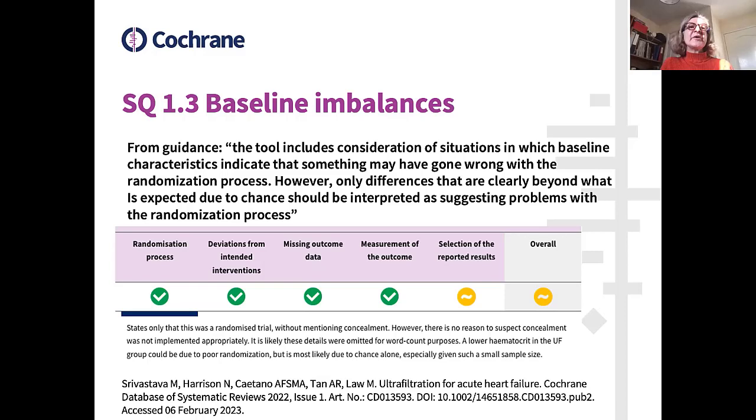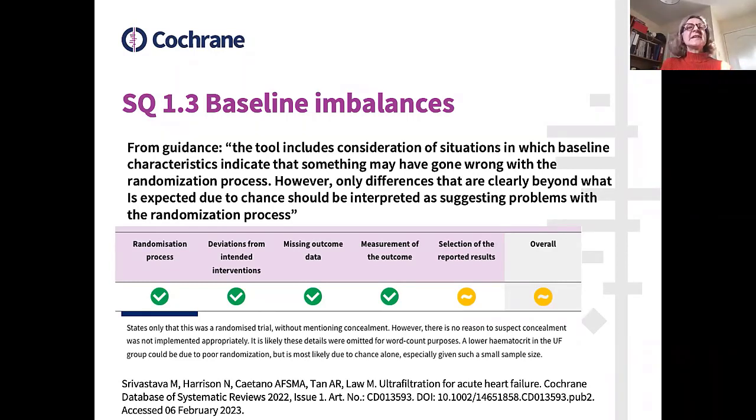Okay, so the key thing about signaling question 1.3 is that what we're looking for is to find out whether the balance of baseline characteristics might suggest that something has gone wrong with the randomization process. So we're not asking are baseline characteristics balanced, we're saying are they balanced reasonably? We expect some chance variation because that does happen when you get randomization, that by chance you might get more in one group than another.